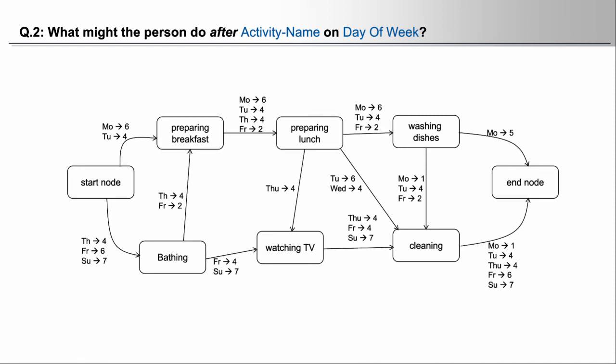So now we will look at how the application determines the answer to question 2 based on the shown graph structure example. We assume the user set the activity name placeholder to preparing lunch and the day of week placeholder to Tuesday. We first locate the node associated with the activity preparing lunch as depicted in the figure.